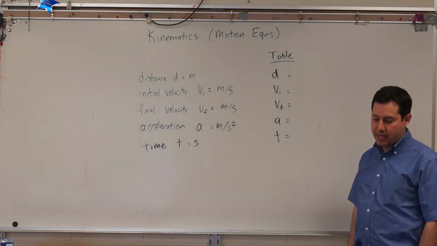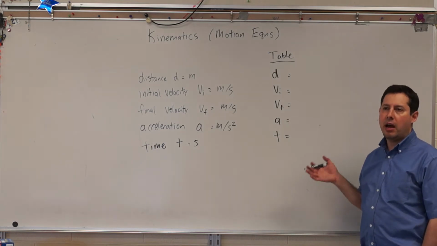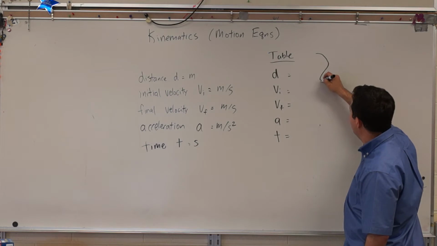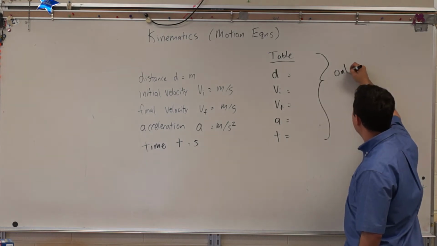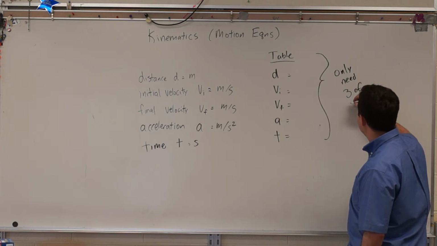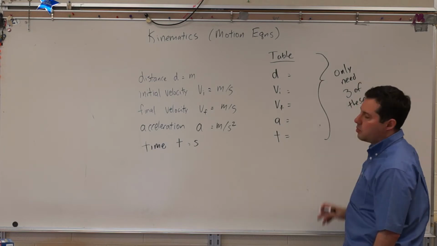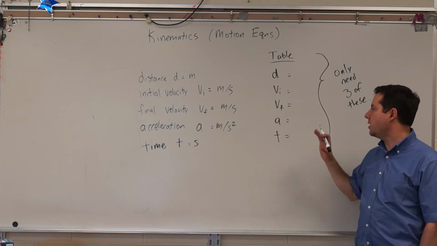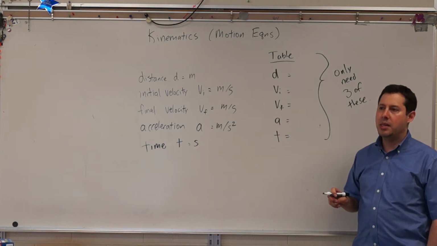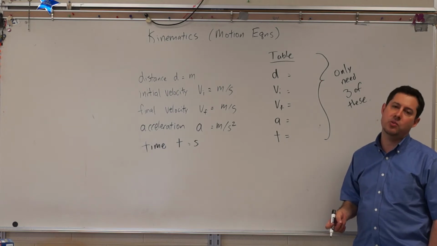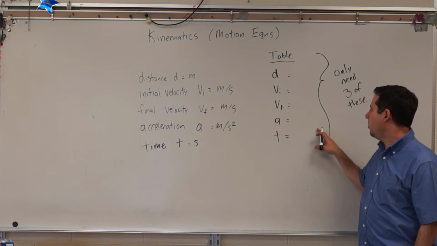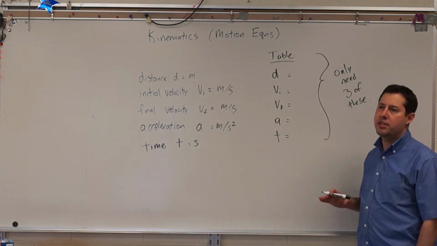And what we find is that in order to figure out what's going on in this problem, there's 5 variables, but you only need 3 of these to figure out what's going on in the problem and figure out the other 2. As long as you know 3 of these, you can figure out the other 2. There are occasional exceptions with projectiles, typically, or constant speed problems, but usually you just need 3.